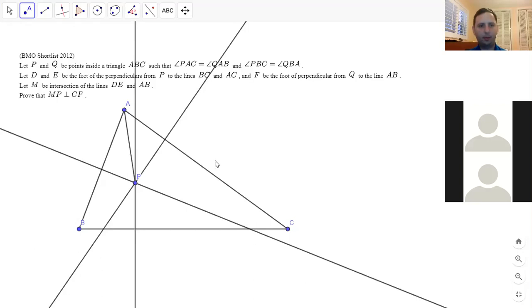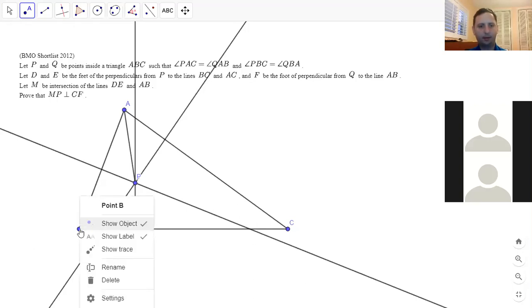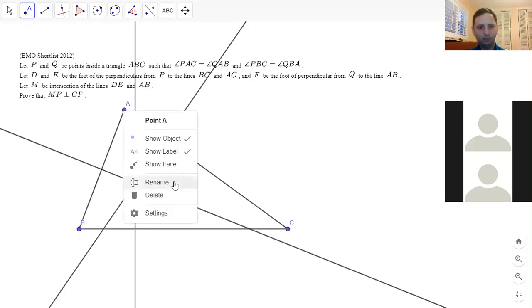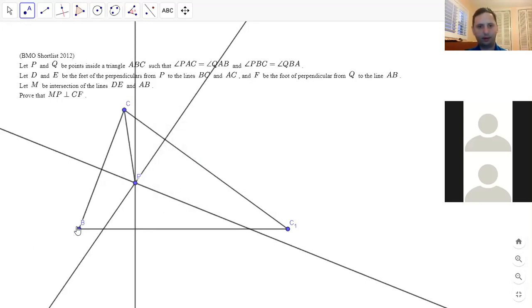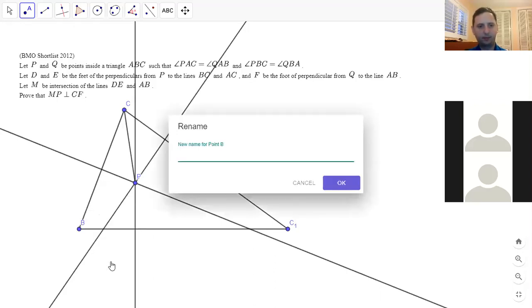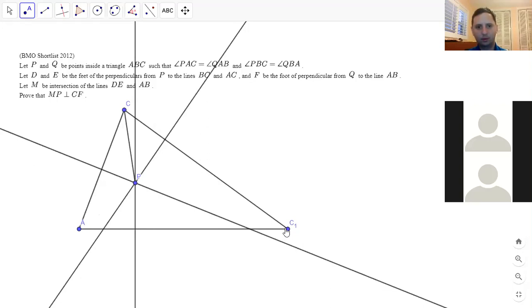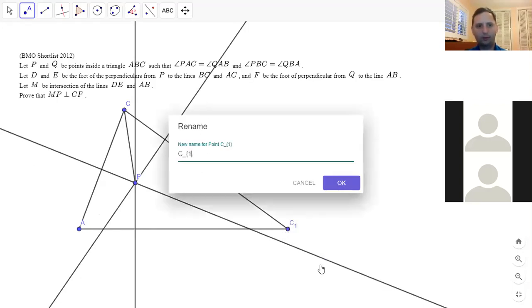Maybe it would be better if I made this C, and this A and that B. Oh, actually, it has the perpendiculars to all three sides.